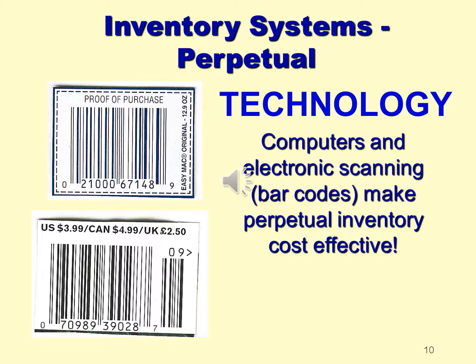Most large retail companies use barcodes for scanning in order to both track the cost of sales and to track items in inventory. This type of technology is used for the perpetual method of maintaining inventory.